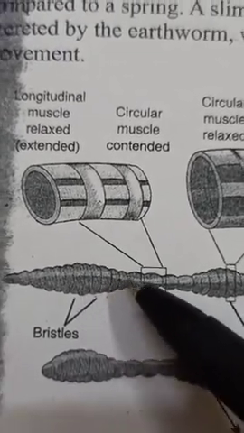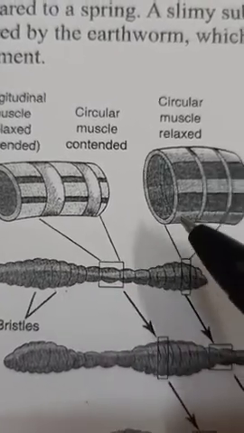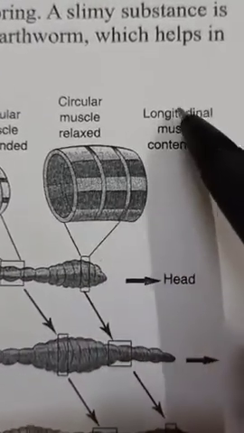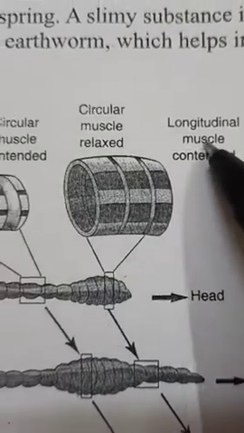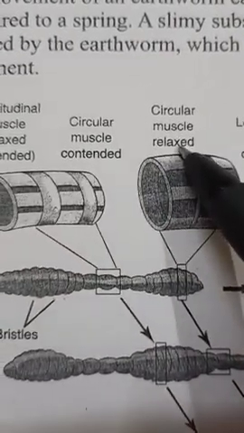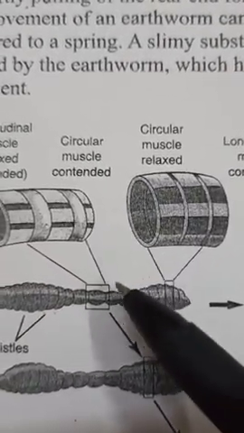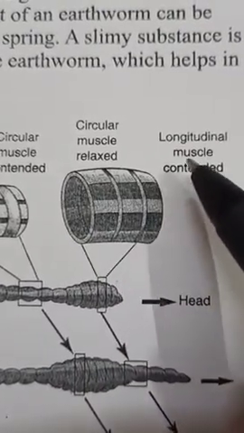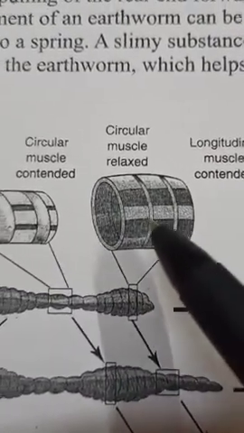And second thing is, with the help of two kinds of muscles, which are longitudinal muscles and circular muscles, means alternatively they contract and relax.